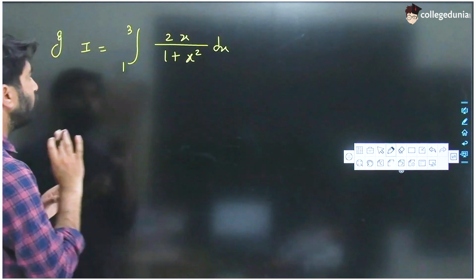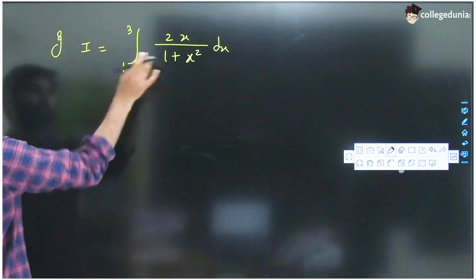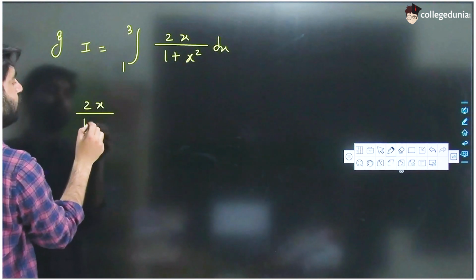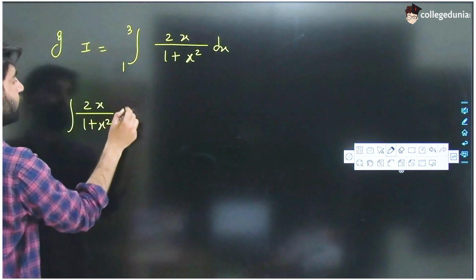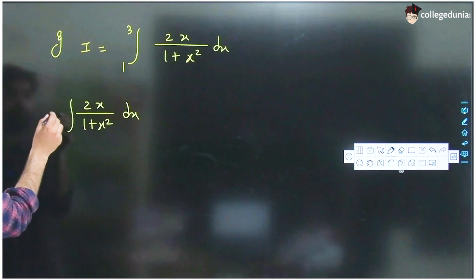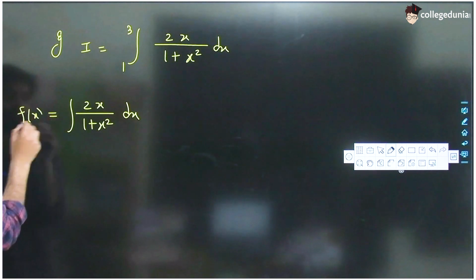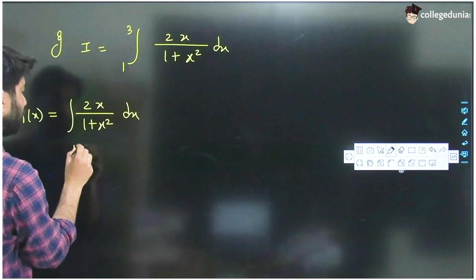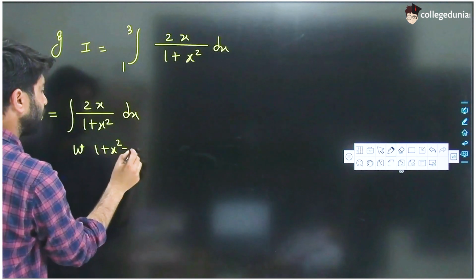So देखो होता क्या है, हम आपसे कहते हैं let's say 2x upon 1 plus x square. अभी मैं लिमिट नहीं लिखता हूं यहाँ पे, okay, without any limit. This is fx, and you know that this 1 plus x square will be taken t.